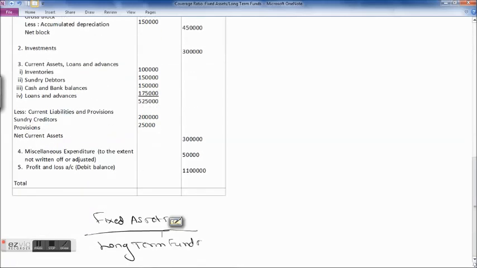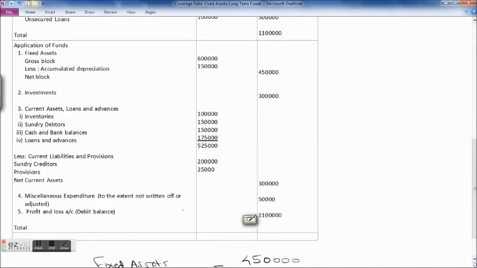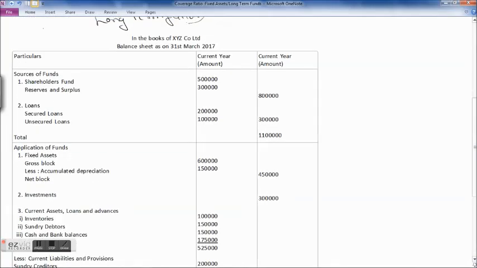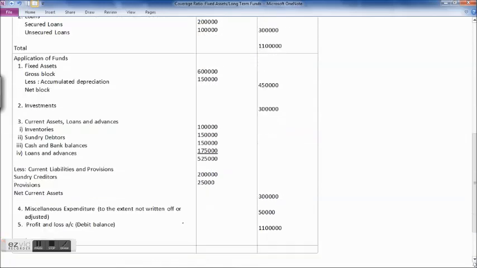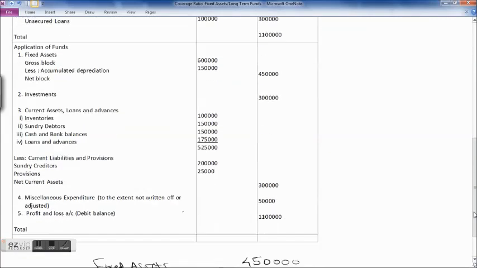So we are considering fixed assets of 4,50,000, the net block, the written down value of fixed assets, upon long-term funds. Now what are long-term funds here? Long-term funds are shareholders fund 5 lakh, reserves and surplus 3 lakh, secured loan 2 lakh and unsecured loan 1 lakh.